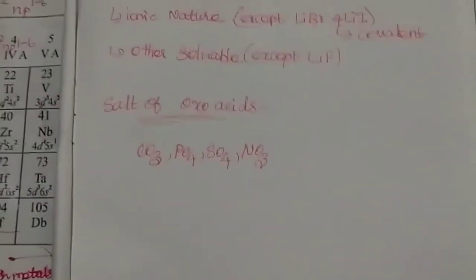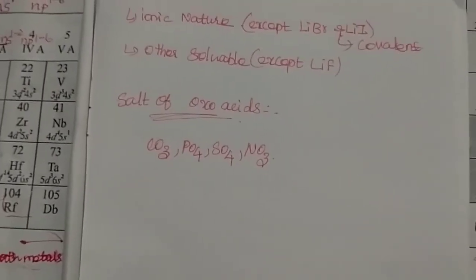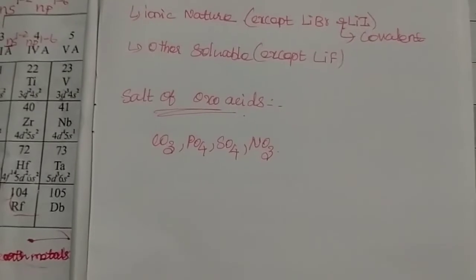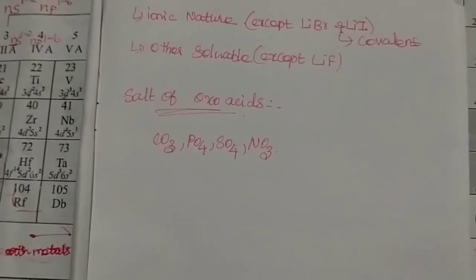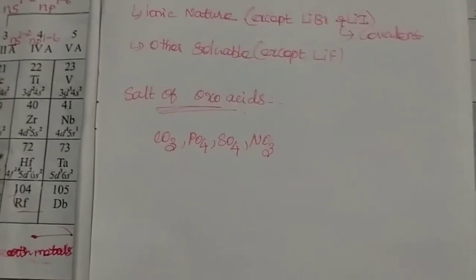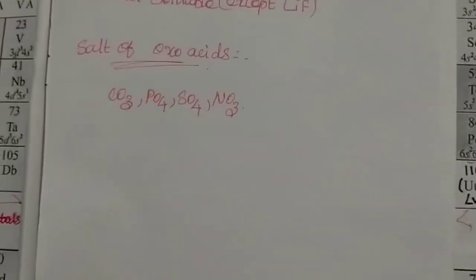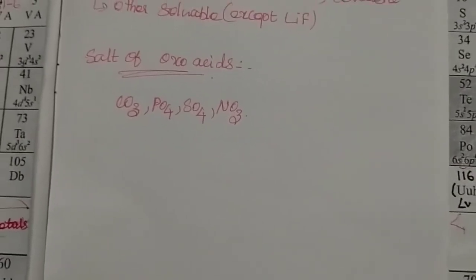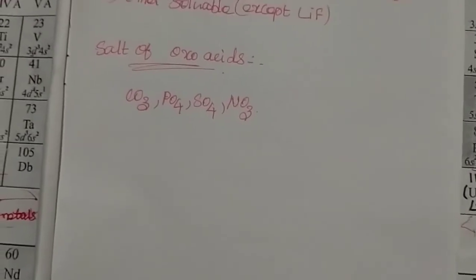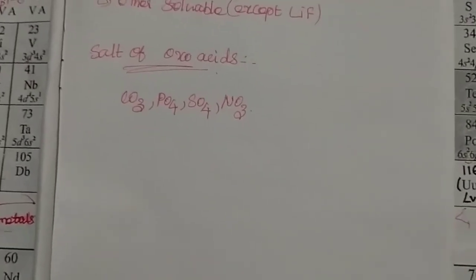When alkali metals combine with these oxo acid salts, they can form alkali carbonate, alkali phosphate, alkali sulfate and alkali nitrate. Most of the salts are soluble in water and they are thermally stable.